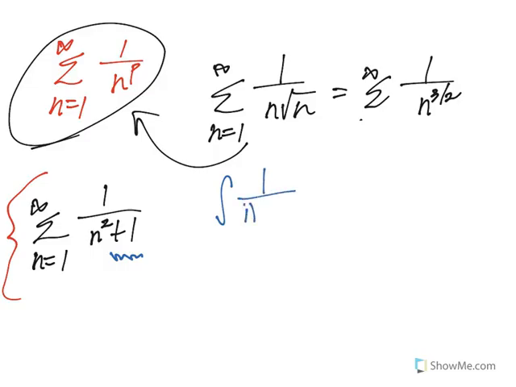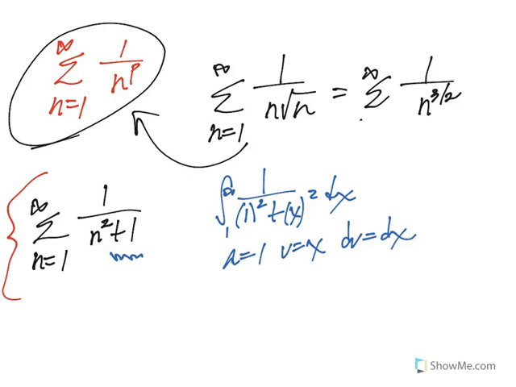So this is the same as the integral of 1 over 1 squared plus x squared dx, going from 1 to infinity. My a value is 1, my u is x, du is dx. I'm, of course, heading for the arctan function. That is 1 over 1 times the arctangent of x over 1, going from 1 to a, the limit as a goes to infinity.